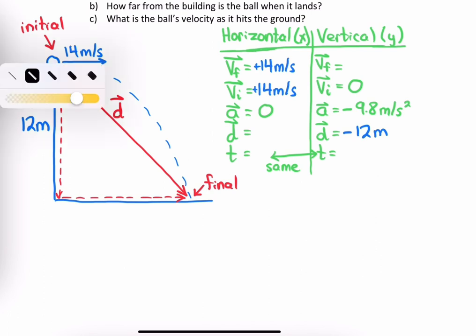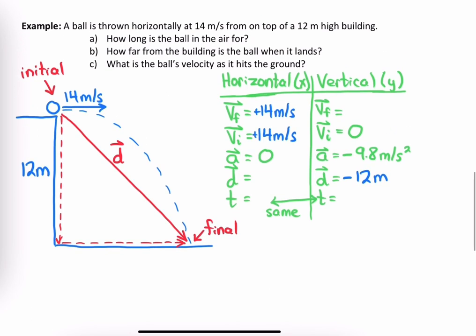Gravity is always going to be 9.8 meters per second squared down, so it's always going to be on this side, and there's always going to be no horizontal component to it. If you're releasing the ball with an initial velocity that is horizontal, then it won't be going initially up or down at all, and VI in the y direction will always be 0. Time is never going to be a vector, so these two will always be the same.